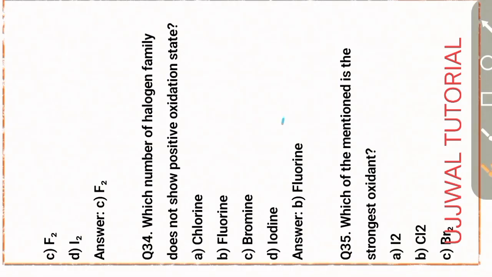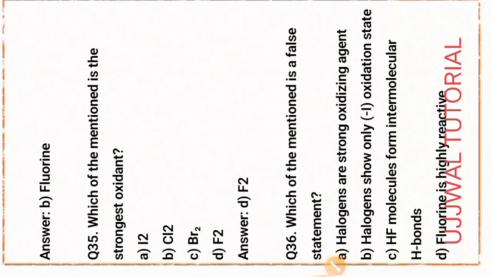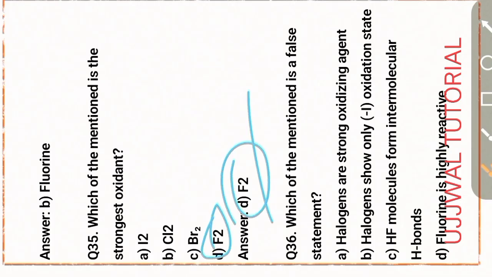That is option B, fluorine. Okay, fluorine does not exist in a positive oxidation state. Next question number 35. Which of the mentioned is the strongest oxidant? That is option D, F2 fluorine.